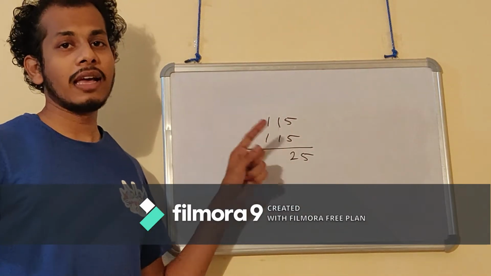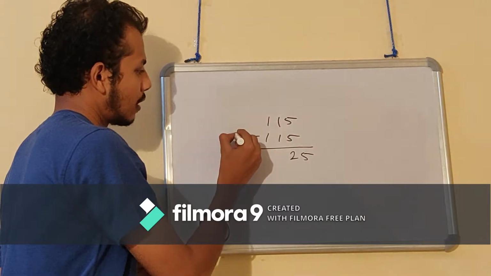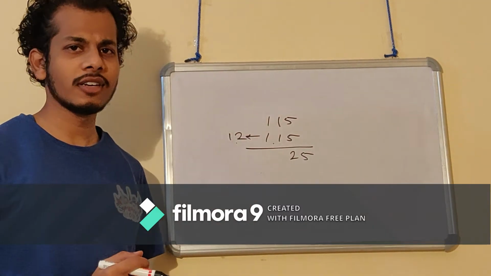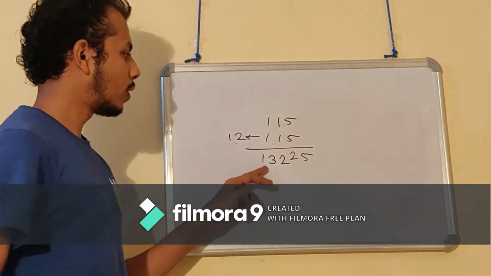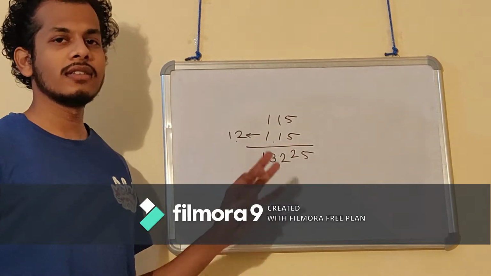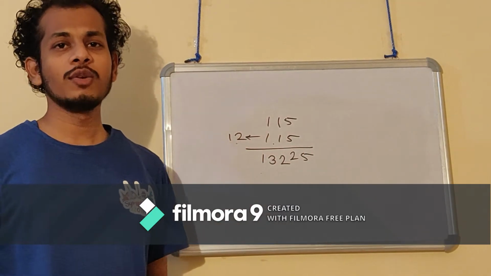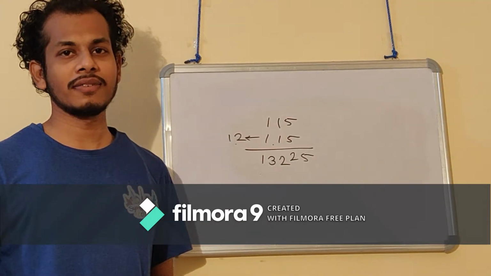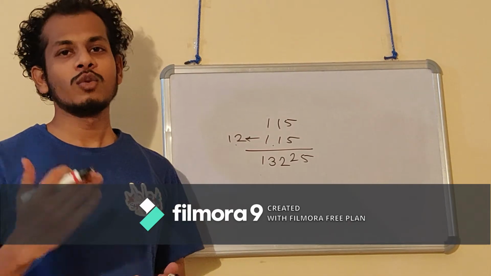Now I have to multiply 11 by the next number, and that is 12. So I perform the multiplication of 11 and 12, and that is 132. So 13225 is the square of 115. This is the technique, pretty simple, and you can follow and use it for all the numbers which end with 5. With this note, let's conclude on this technique and we will see the next technique.